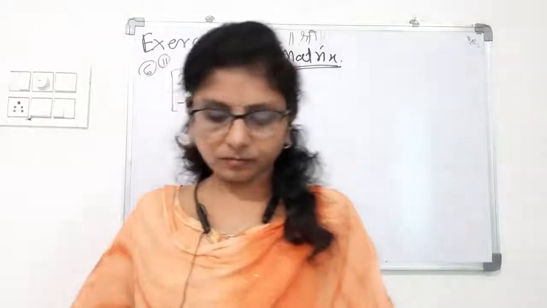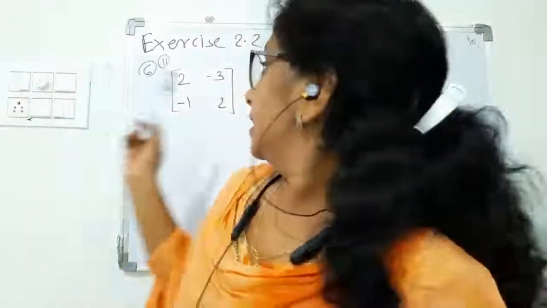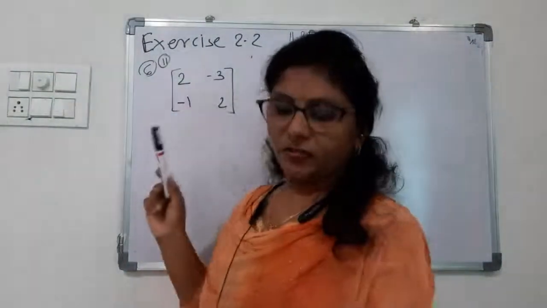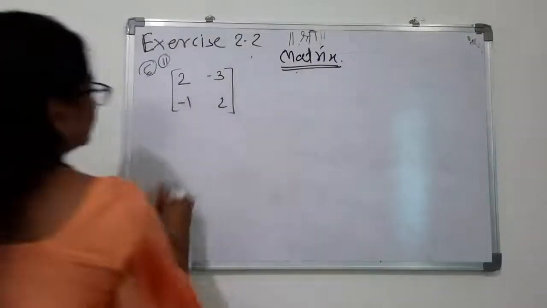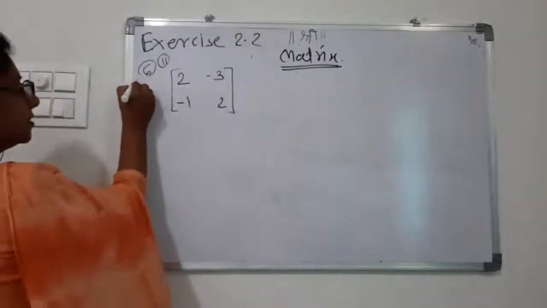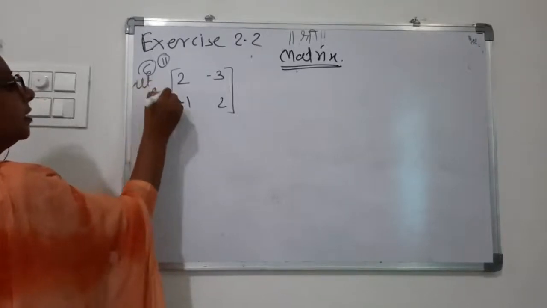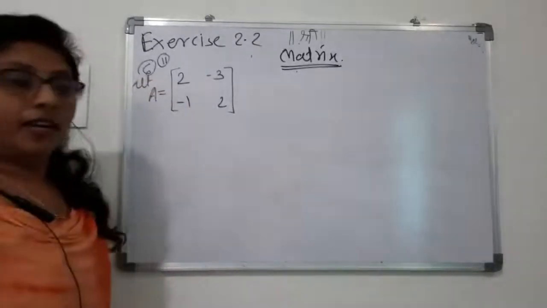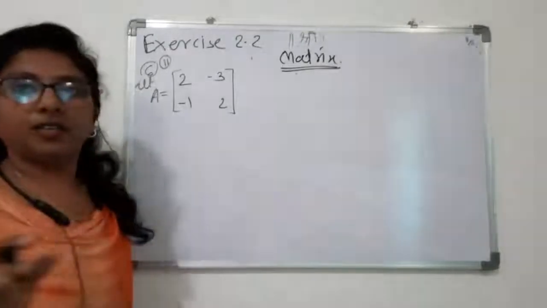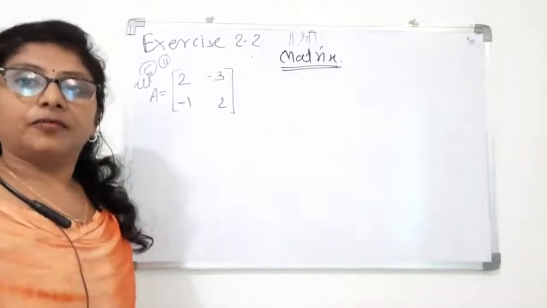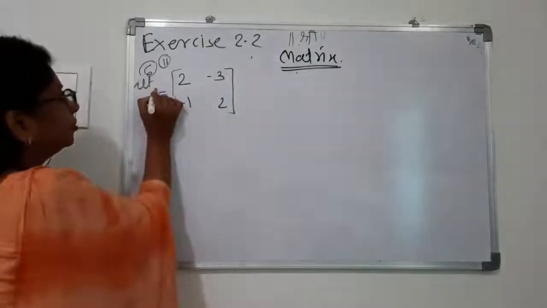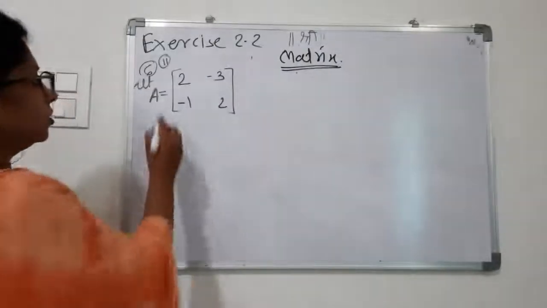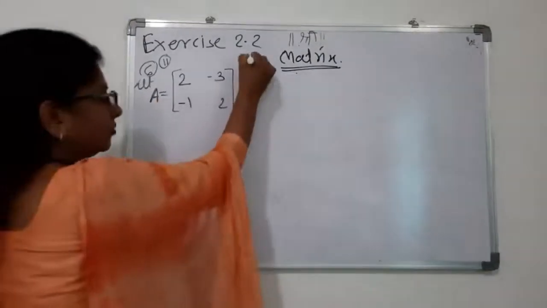Okay. Now this is the second matrix of example number 6. So we will again denote this as A. You may use any alphabet, A, B, or the first alphabet of your name, whatever you want, you can use for the notation, no problem. So this is A. First task, what we have to do?